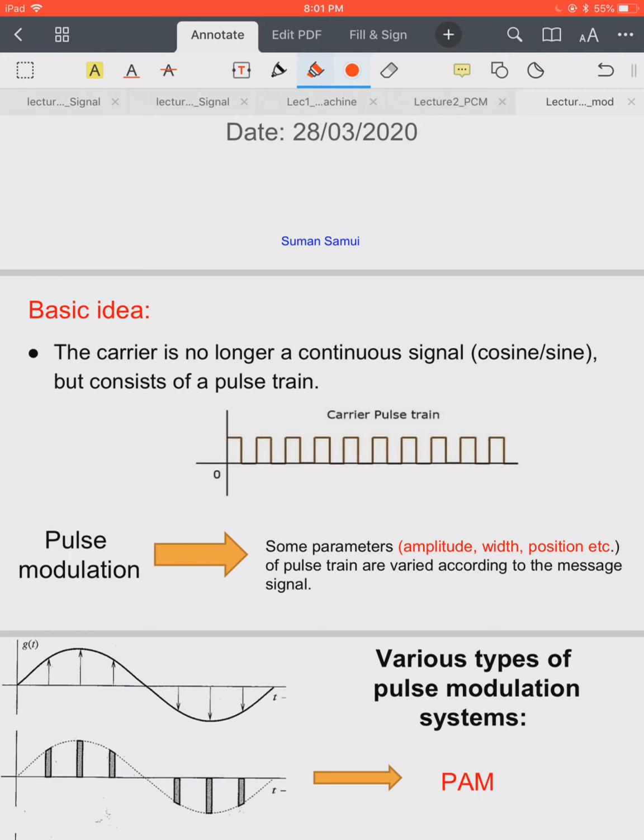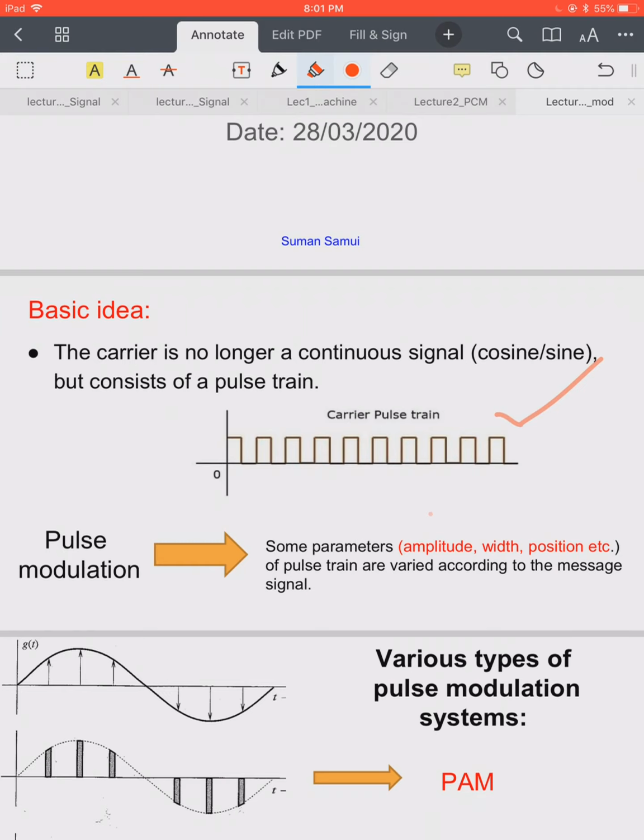But in a pulse modulation system, the carrier is no longer a continuous time signal. It consists of a pulse stream like this. So it's like having a 1-0 rectangular wave, just like a clock signal. This is a pulse stream, right? So in a pulse modulation system, the carrier will be like this.